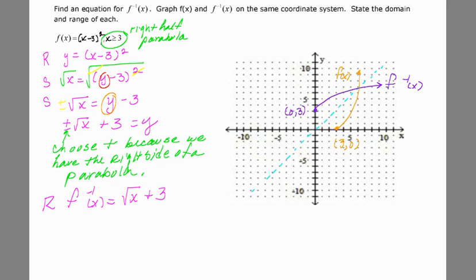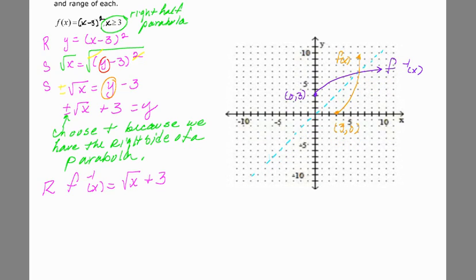Finally, for this problem, let's state the domain and range for each of those. So for my blue function, well, let me go with the orange one first. For f of x, let's find the domain and the range. So that's easy enough from the graph, and actually they did state the domain for f of x in the statement of the problem. Right here is the domain for f of x: x greater than or equal to 3, or we can write in interval notation 3 to infinity.